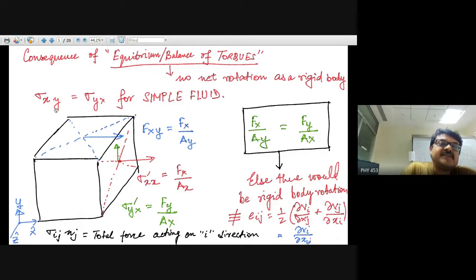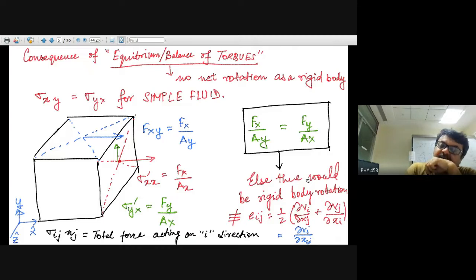And the consequence is that sigma xy equals sigma yx, which means Fx by Ay per unit area is equal to Fy by Ax. If this relation did not hold true, there would be rigid body rotation.